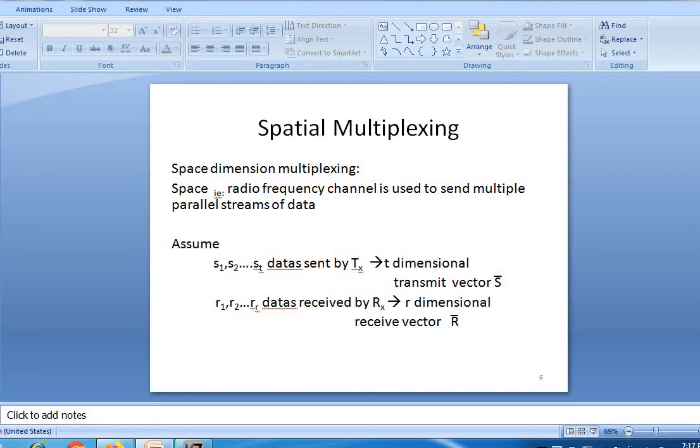Similarly, for example, R1 to RR data are received by the receiver. So it can be represented by a T-dimensional transmit vector and an R-dimensional receive vector. I'm not going to send a single data; I'm going to send multiple streams of data by using the same radio frequency channel. This is called spatial multiplexing.